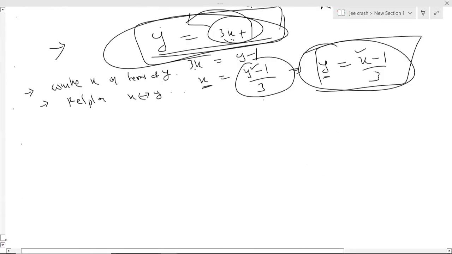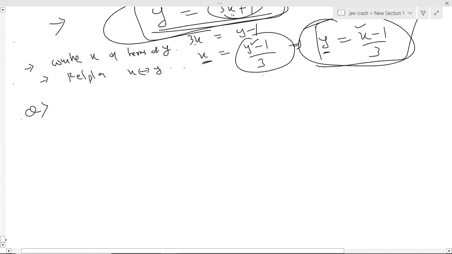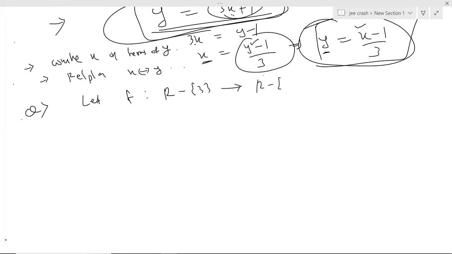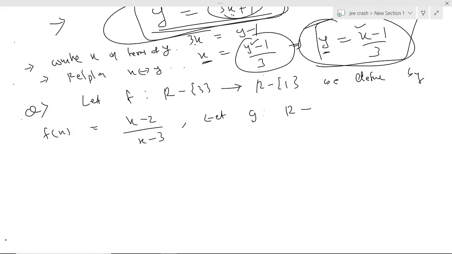Yes, sir. So let's solve one question. Let f from R minus 3 to R minus 1 be defined by f of x equals x minus 2 upon x minus 3. Let g, a function from R to R, be given as g of x equals 2x minus 3.